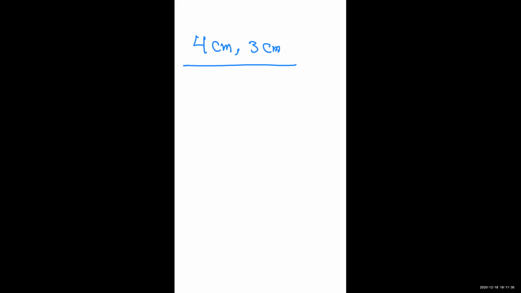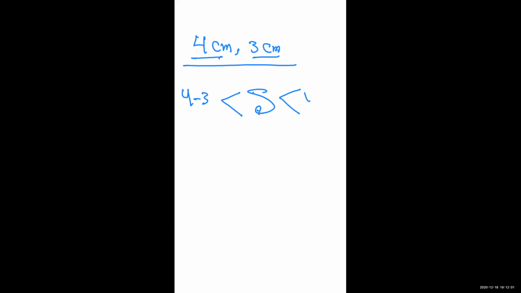So this means the third length, for example this side, we will assume that it's a side S. This one is greater than the difference, 4 minus 3. And also we said that it has to be less than the sum of the other two, right?